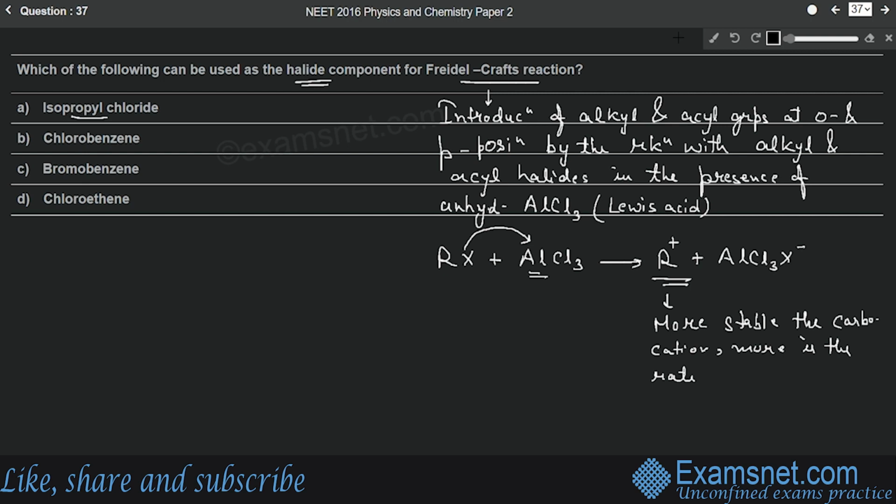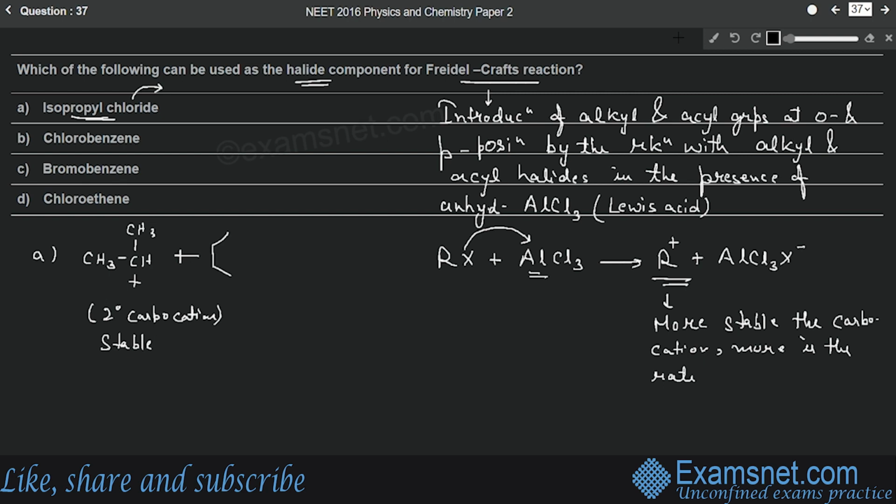So in the first option we have isopropyl chloride. Now when this chloride is removed from here, what will be the carbocation that we obtain? We will get CH3, CH+, CH3. This is how the isopropyl carbocation will look, right? And we know that this is a 2-degree, that means secondary, carbocation, and a secondary carbocation is more stable than a primary carbocation, so this is a stable carbocation.